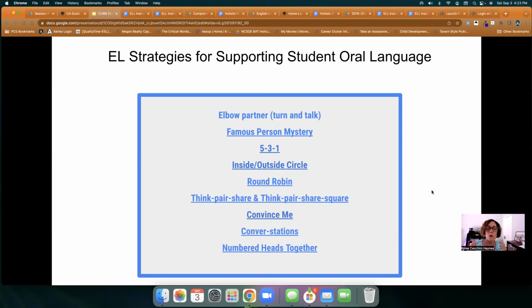So we're looking at ways to support our students' oral language and their speaking. And one of the things that we know about English language learners is that they need to talk in academic settings much, much more.